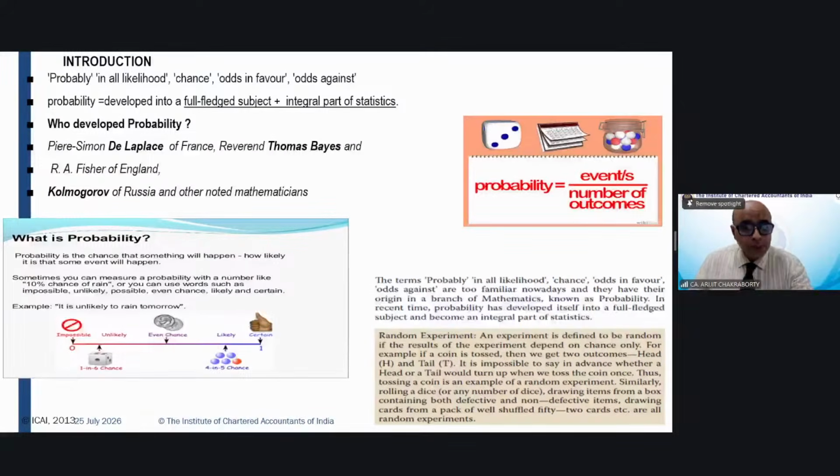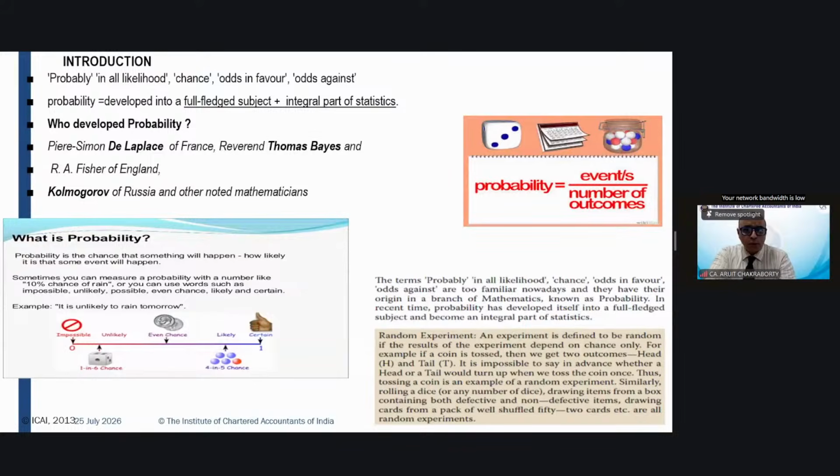And here 6 ways means, if the question is in how many ways can you select a good item from the box, it will have 6 ways, because there are 6 good objects in the box. Therefore the probability of drawing a good object from a box of 10 items where 6 are good and 4 are bad is given by 6 by 10.